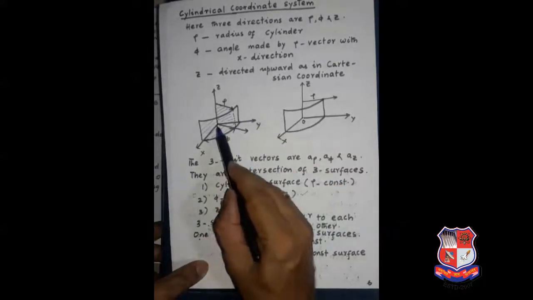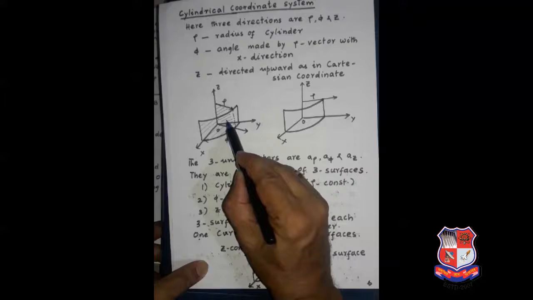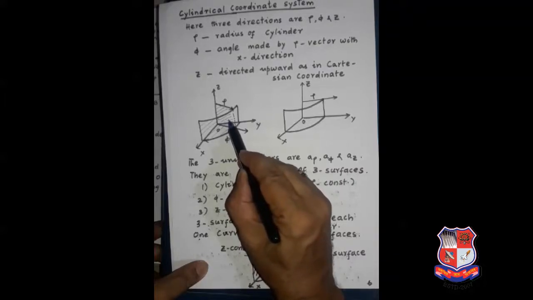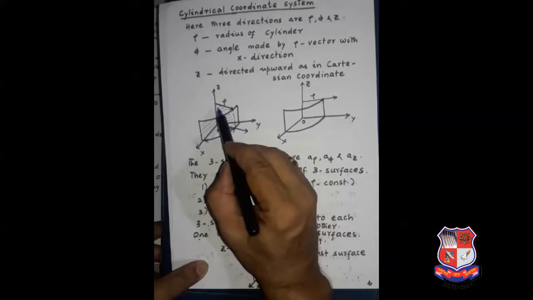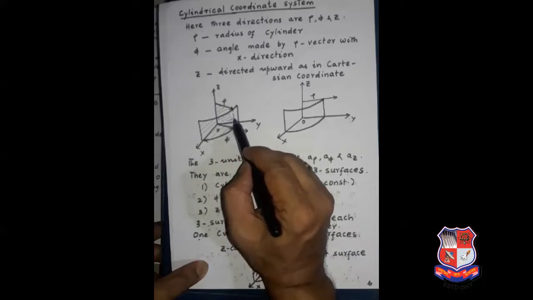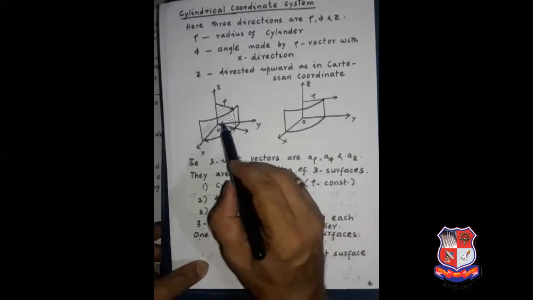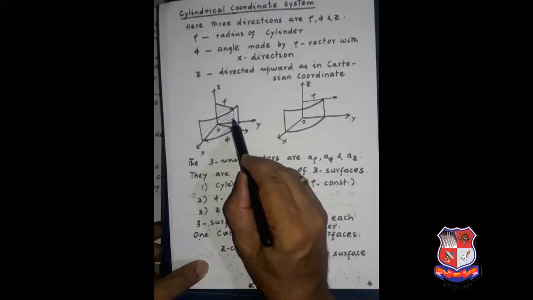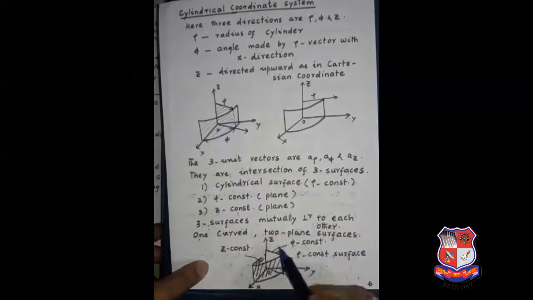So this is the curved surface. On this surface, if you take any point, which value will be constant? Your rho value is constant, because once you take the cylinder, the rho is fixed, means for any point the rho value will be fixed. So this surface can otherwise be called the rho constant surface.